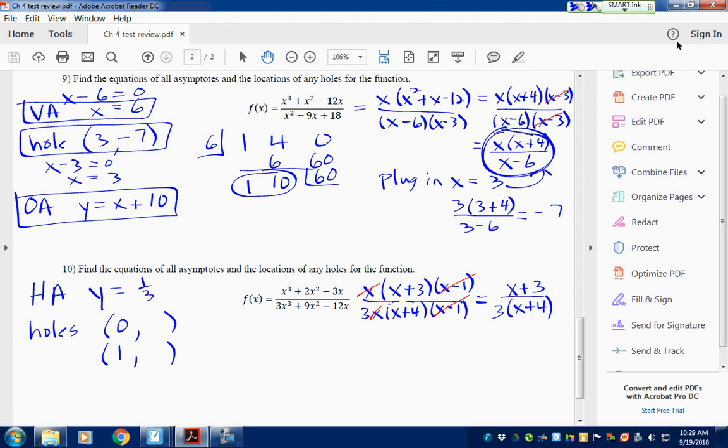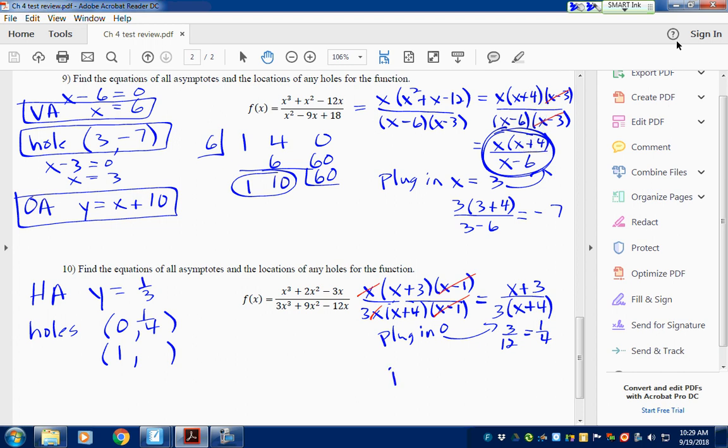If I plug in 0 for x, 0 plus 3 is 3, 0 plus 4 is 4. I get 3 over 12, which is 1/4. So I get 1/4 as the y coordinate to go with 0.